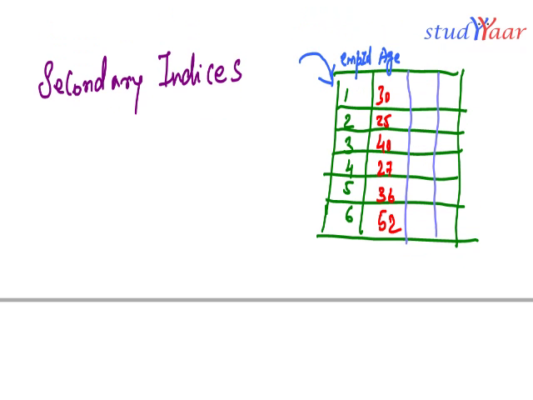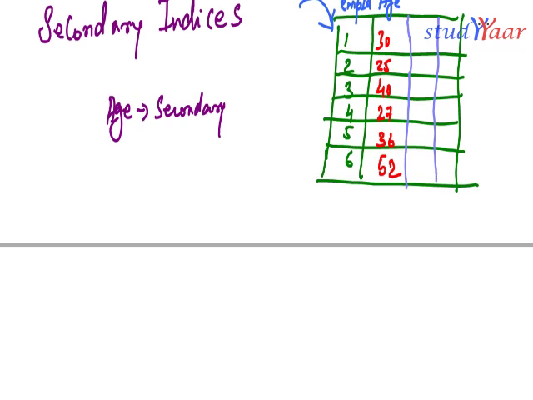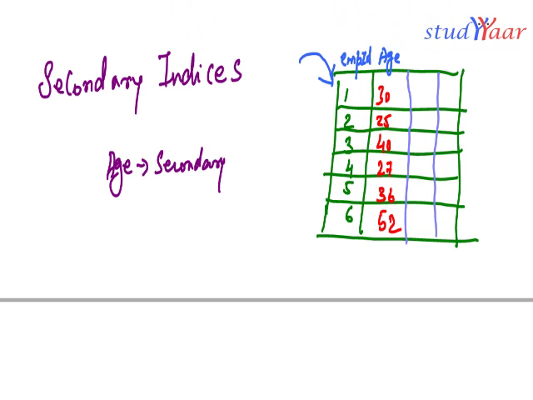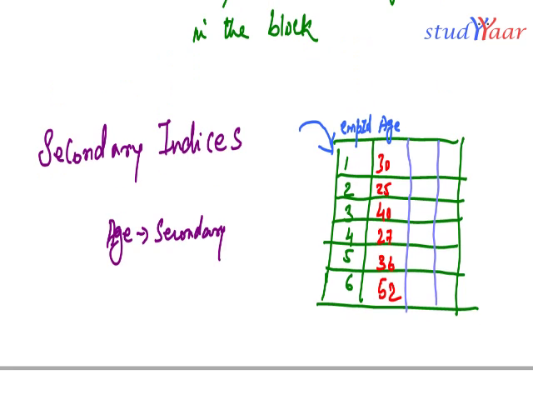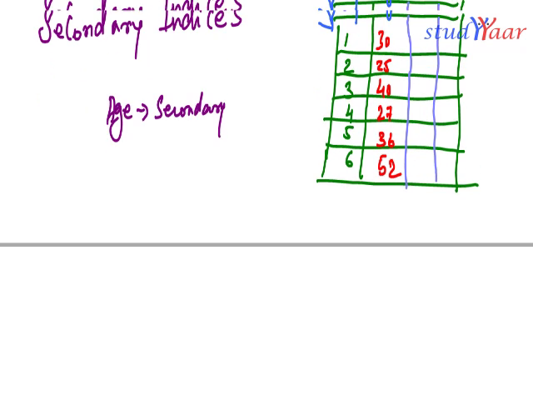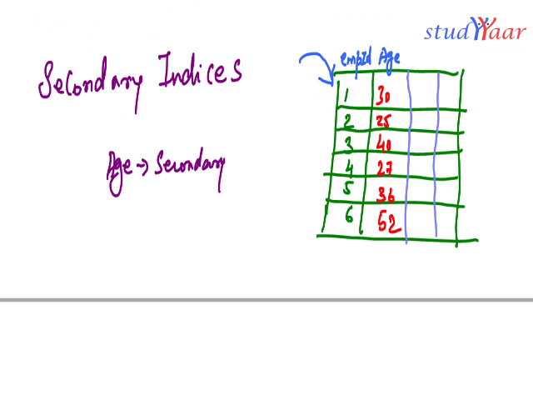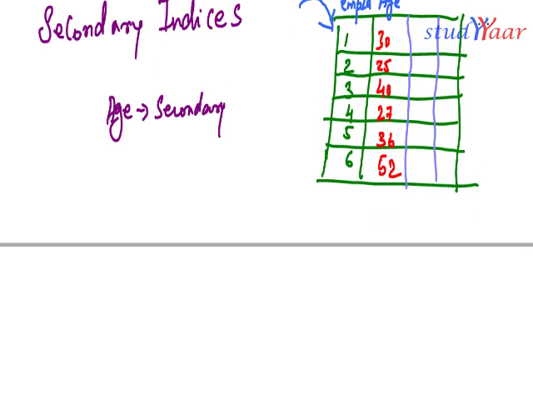And if I create an index using age, then that would be a secondary index, because the age values are not arranged in any particular order. So if I have to find the person whose age is 40, what is the way out for me? If I don't have an index, I would have to take a look at each and every record. Therefore, to make this operation quicker, I create a secondary index based on age.